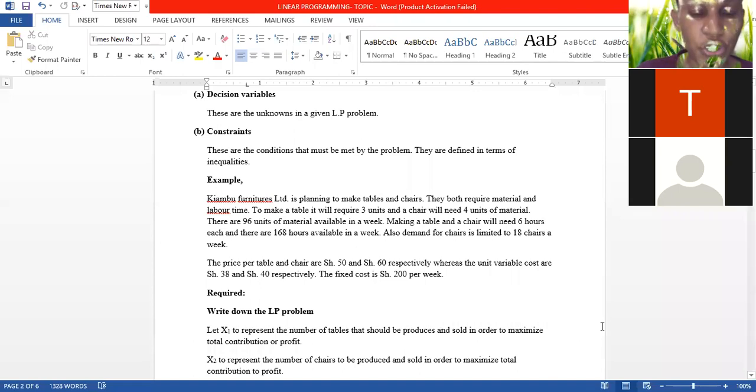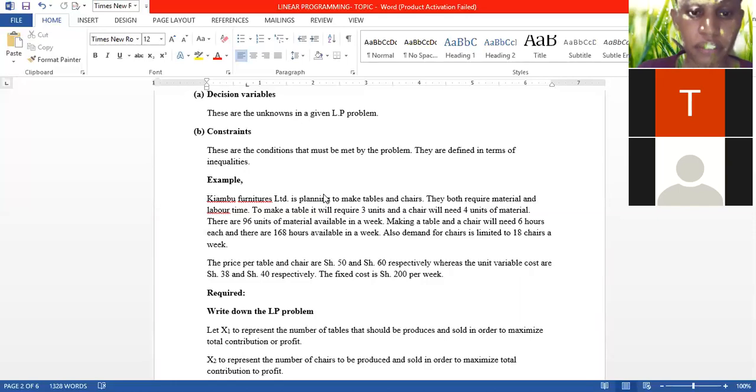So the constraints, which we normally state: this is my decision variable, and this is my objective function. For you to achieve that objective, to achieve your goal, there are some constraints that you need to highlight. This is very important because it helps you write down your linear programming problem.